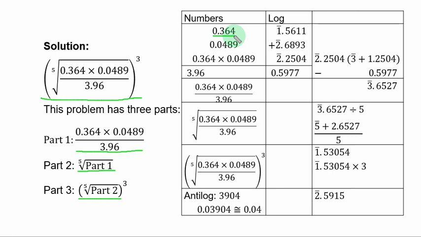When the number is less than 1, you get the characteristic by standard form. If you put the number in standard form, the power to base 10 is the characteristic. So if you write this number in standard form, you are going to have 3.64 times 10 to the power of minus 1.